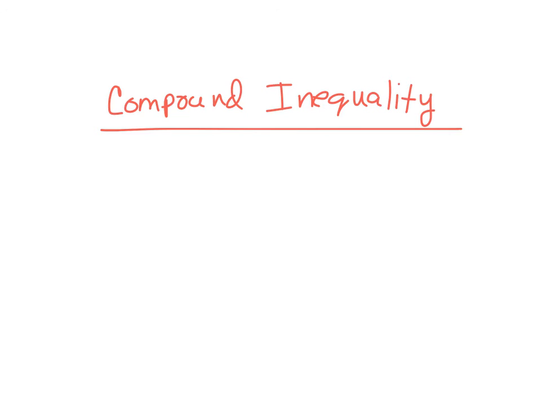It's 2 statements in one. So, look at this one. Negative 2 is less than or equal to negative 3k minus 1 is less than or equal to 5. We are making 2 separate statements. One statement that we're making is negative 2 is less than or equal to negative 3k minus 1.